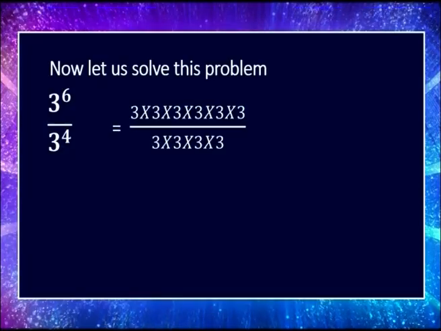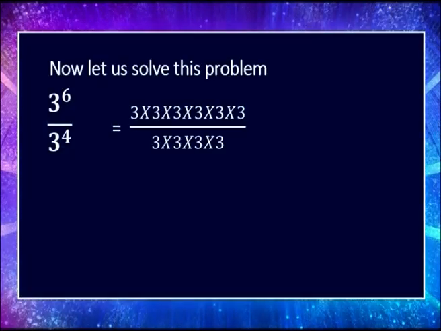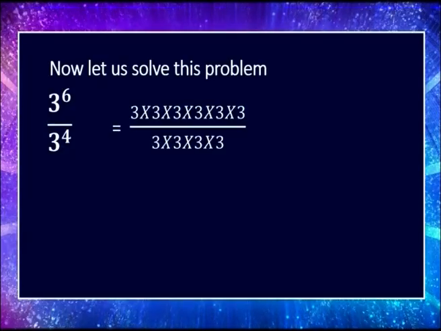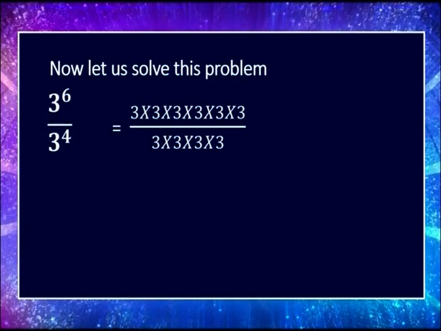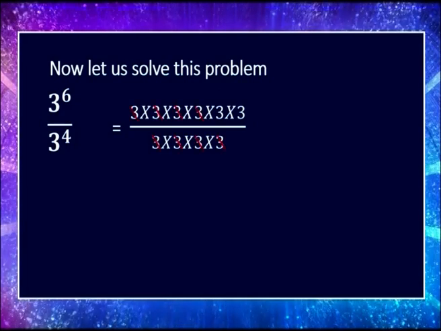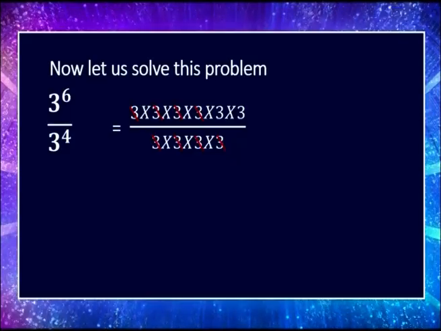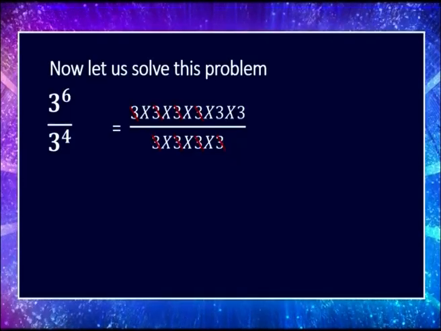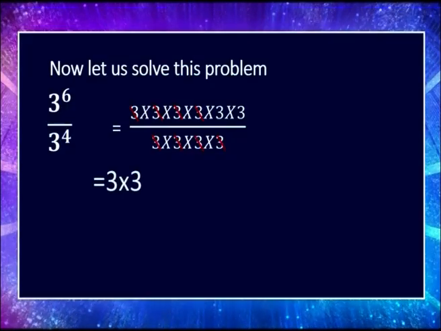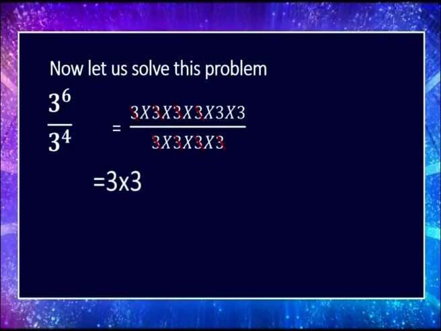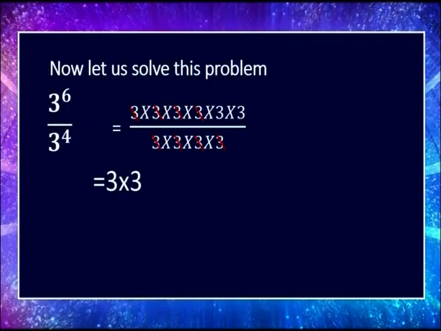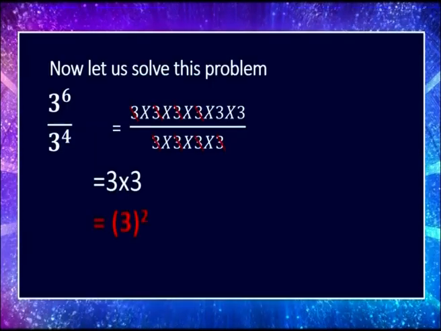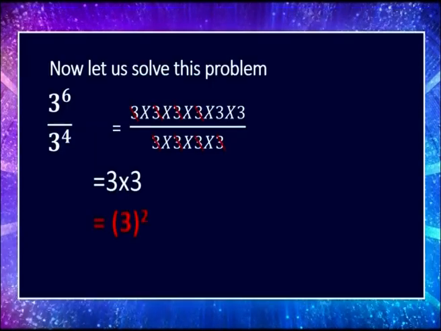So when there is a same number in the numerator and the denominator, the same numbers will cancel like this. So 4 3's will cancel with 4 3's, and how many 3's are left out in the numerator? So 3's are multiplied 2 times. So you can write 3 to the power of 2.